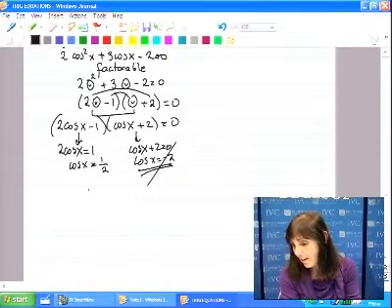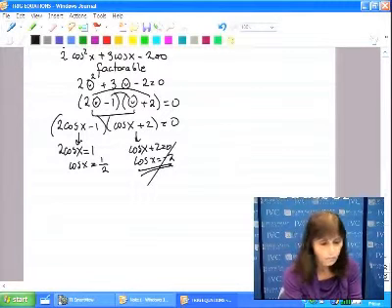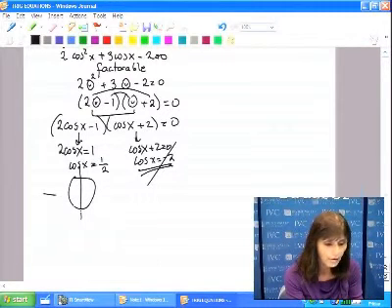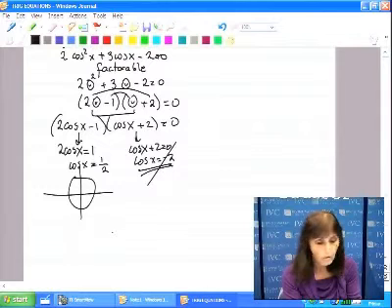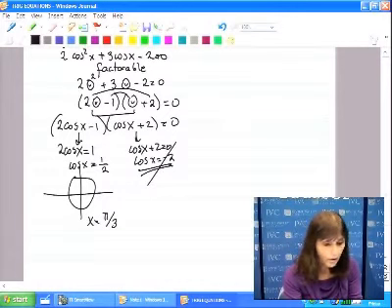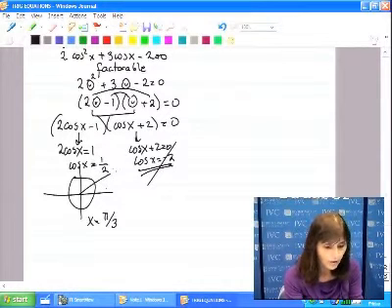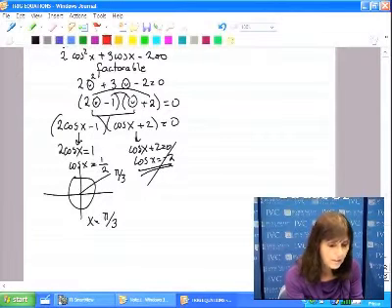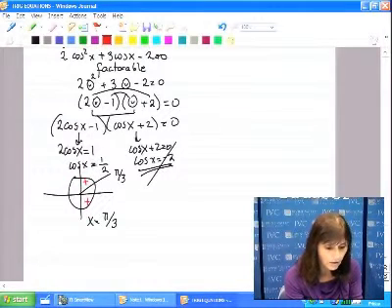Now, what angle gives me cosine of 1/2? I go to my long-term memory. I know that one is pi over 3. Okay, now where is pi over 3? It's right here. Is that the only one? No. Cosine is actually positive right here.